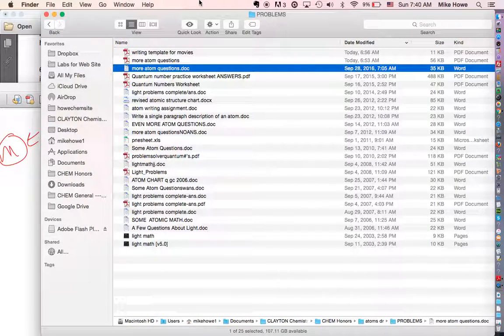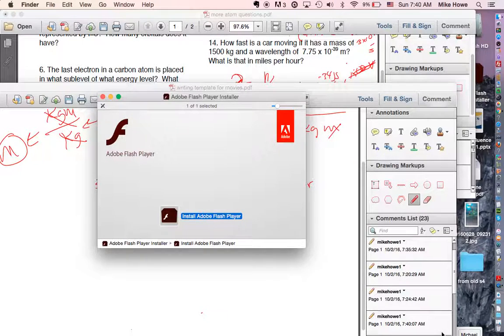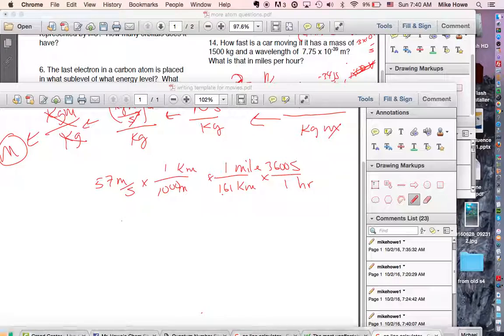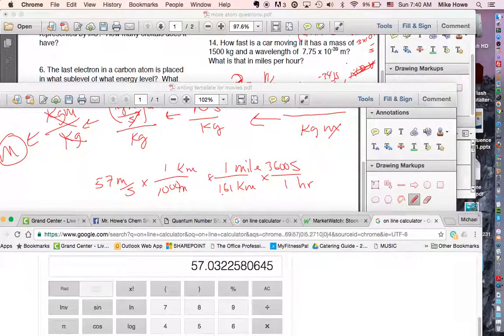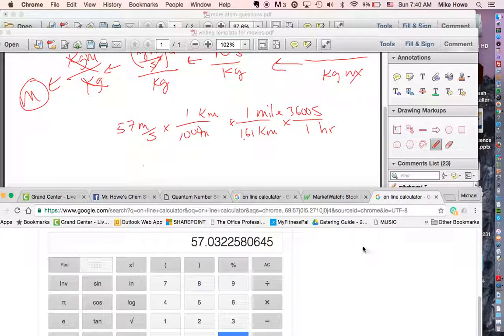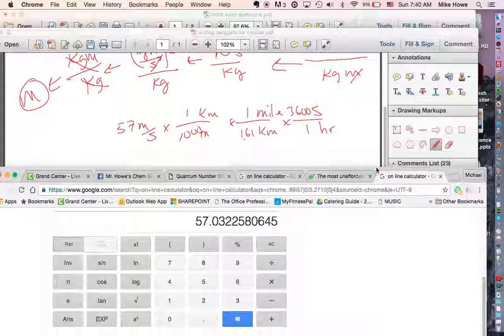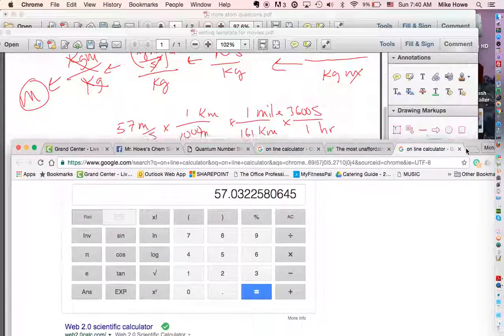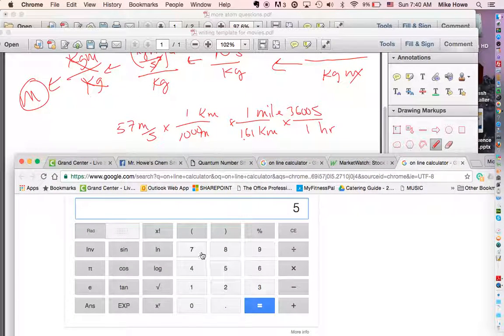Oops. So now we close these windows up, and run this calculation real quick. So the answer would be 57 times 3,600. Then I would divide by 1,000.